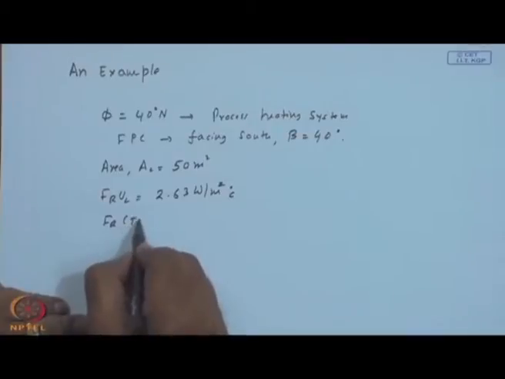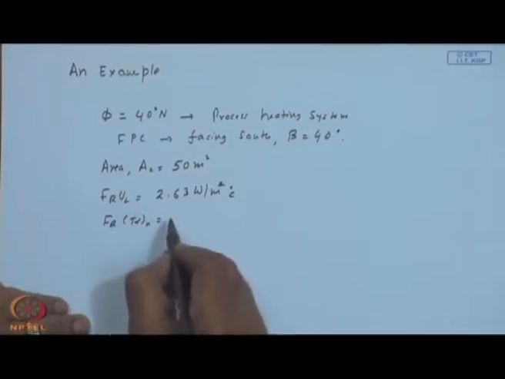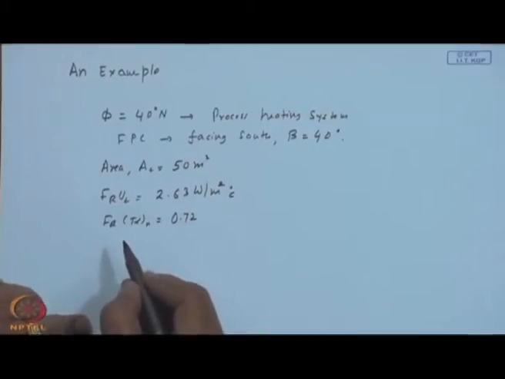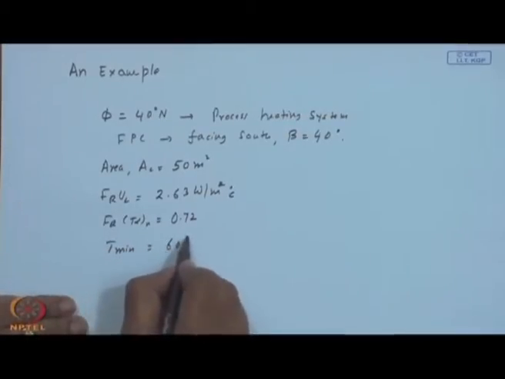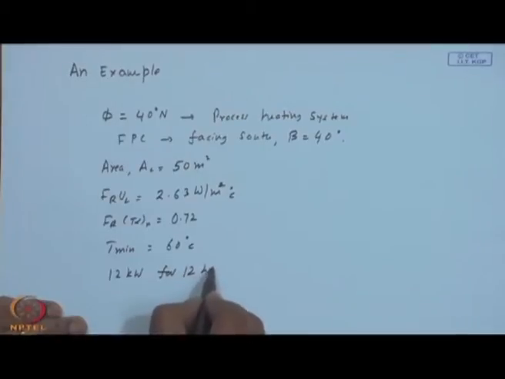In fact, these values we have used in other publications also. T minimum is 60 degrees C, with a load of 12 kilowatts for 12 hours a day.